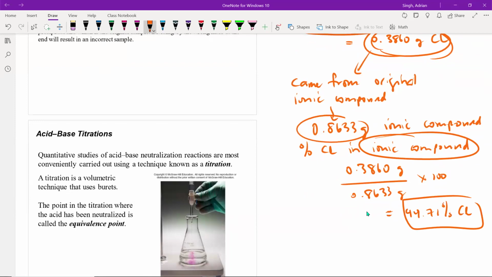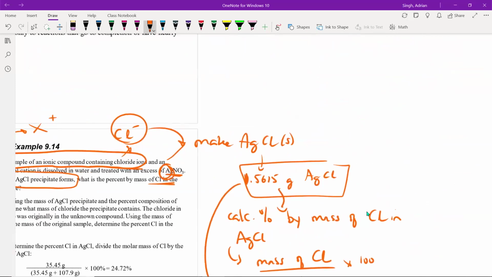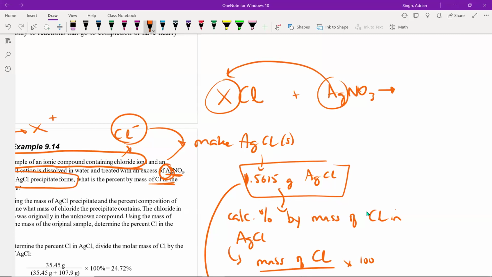So what we did is we're taking advantage of the reaction of our ionic compound. Let's just say it's XCl reacting with silver nitrate in a double replacement reaction. Right, the X and the Ag are going to swap places with each other.